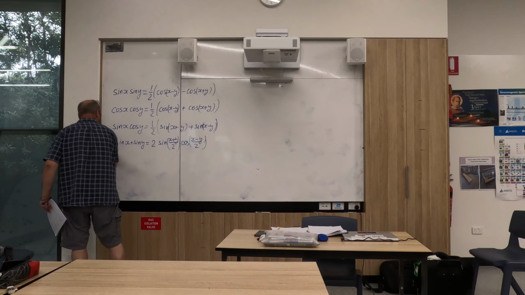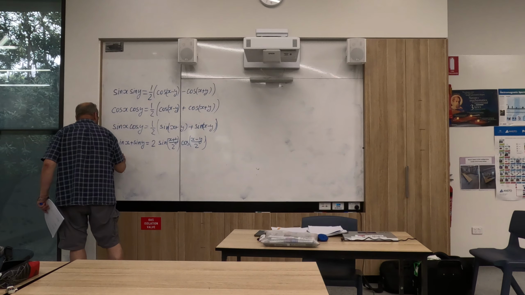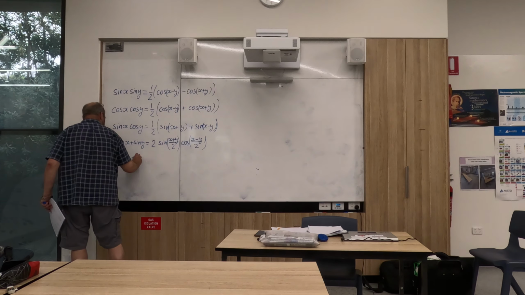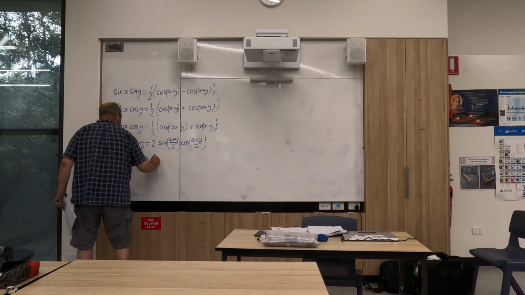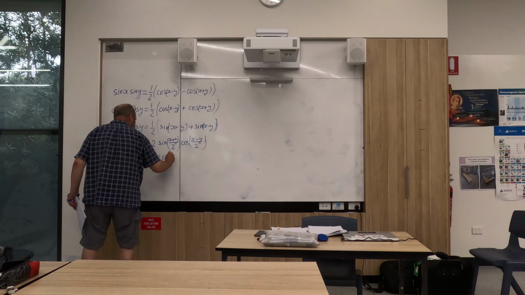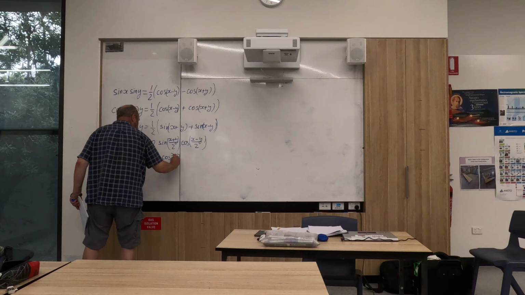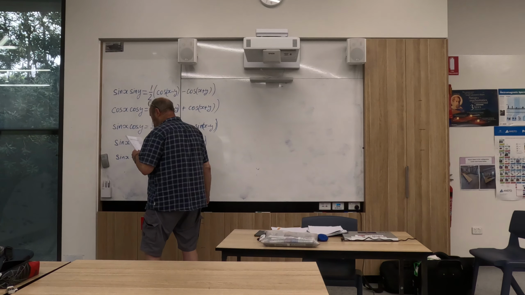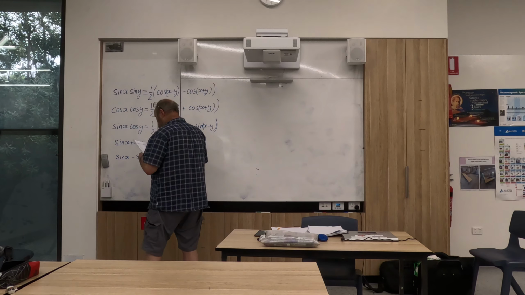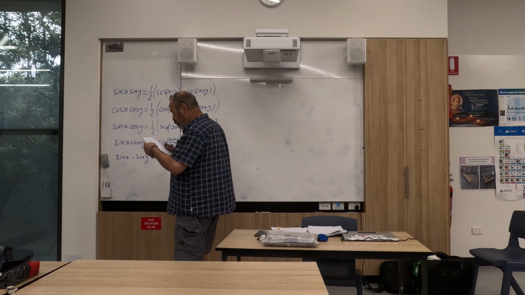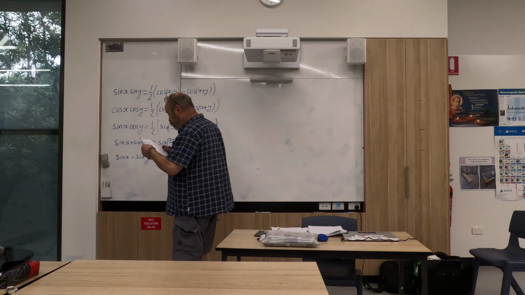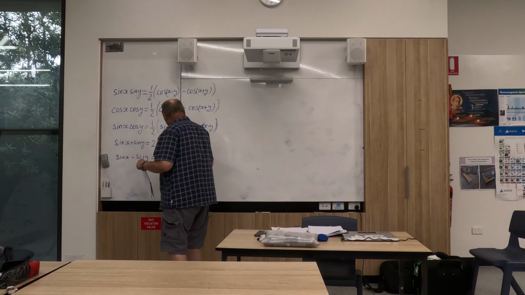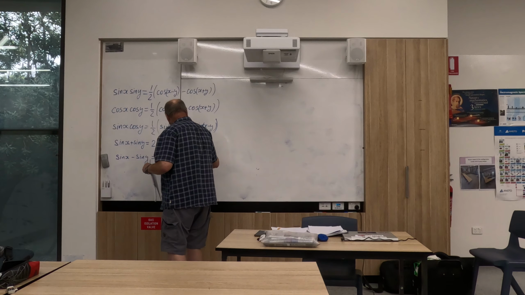We cannot write it as one. So sine x minus sine y is equal to 2 cos x plus y on 2 times sine x minus y on 2.